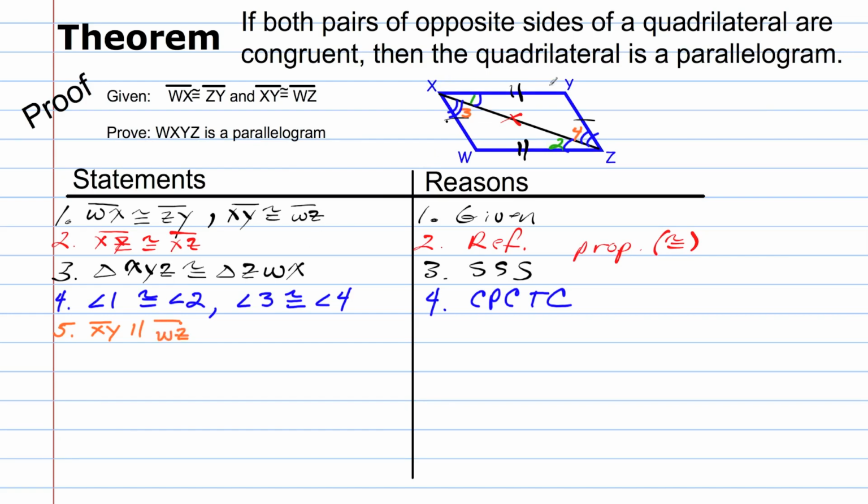And remember, that's because angle 1 and angle 2 are congruent. And the reason for that is the alternate interior angles theorem. If the alternate interior angles are congruent, then the two lines are parallel. The other statement we can make is XW is parallel to YZ.